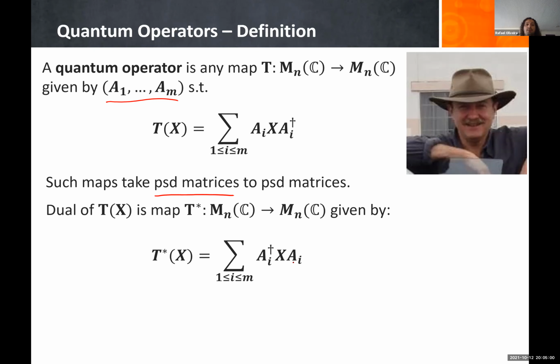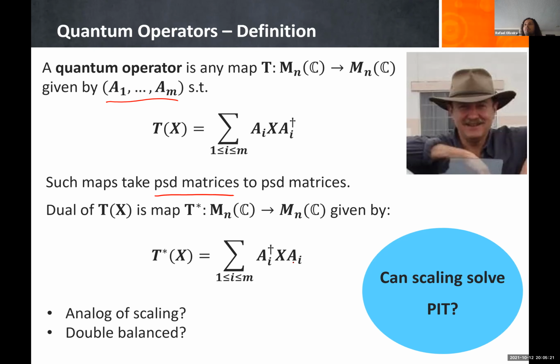Okay. And Gurvitz used these operators to give a generalization of matrix scaling, and hence comes the name operator scaling, because it's scaling for these quantum operators. Now Gurvitz was asking, what is the analog of scaling here, and what is the analog of doubly balanced? Remember his motivation, well, one of his motivations, since he had many.